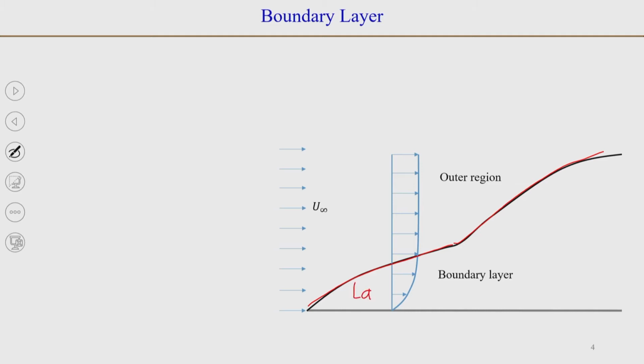This point is known as the leading edge of the plate, and as the flow moves away from the leading edge, the boundary layer grows and the flow is observed to be turbulent.